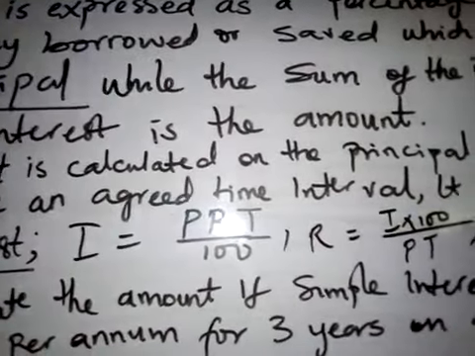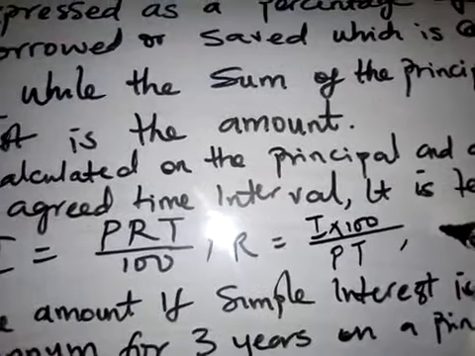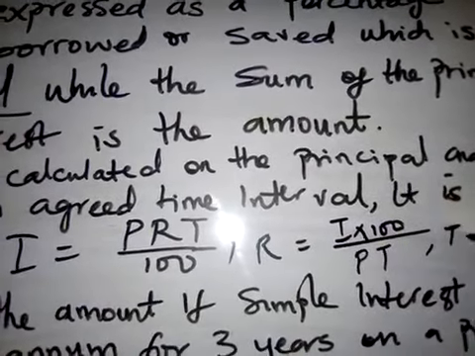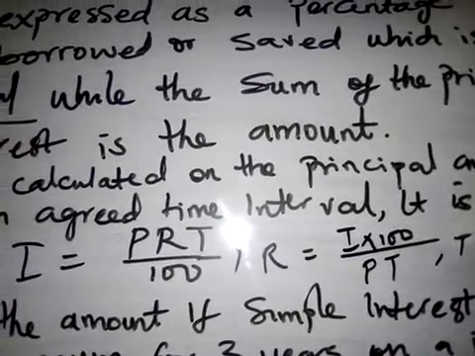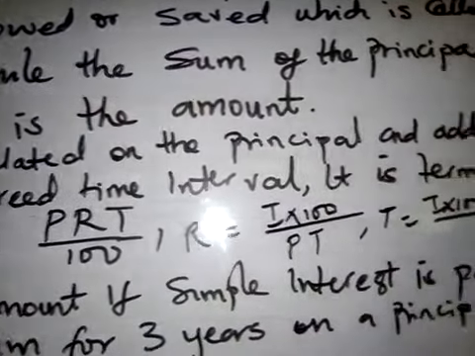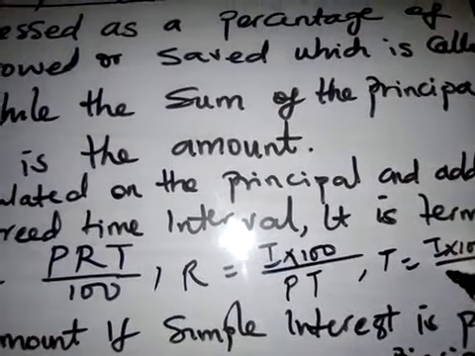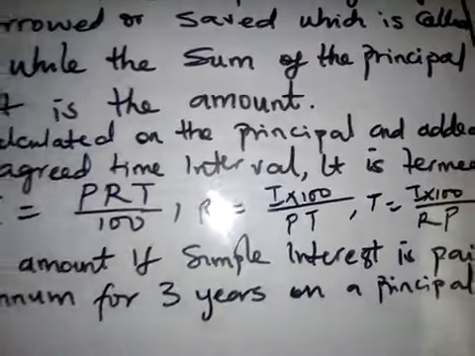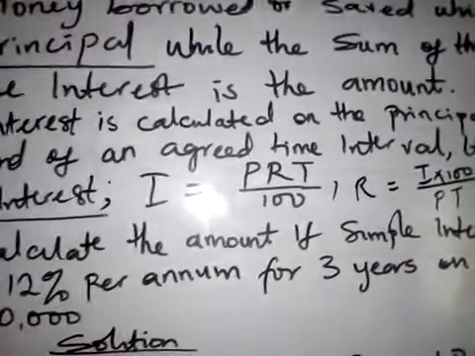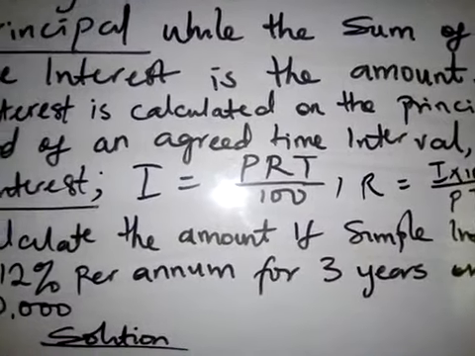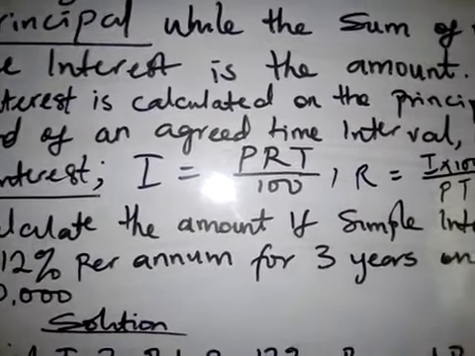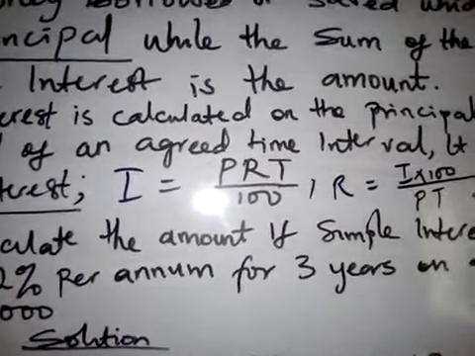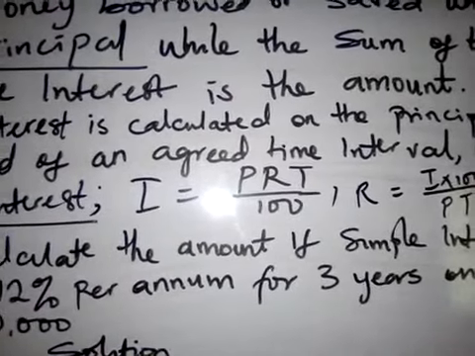And if you make time the subject of formula, do you understand? I'm just making the subject of formula. So that's the basic thing you need to know. Don't forget, interest is equal to P times R times T over 100. P stands for principal, R stands for rate, and T stands for time.